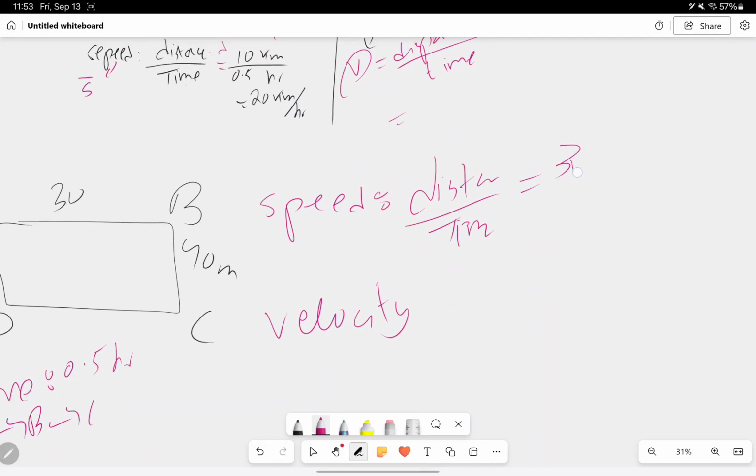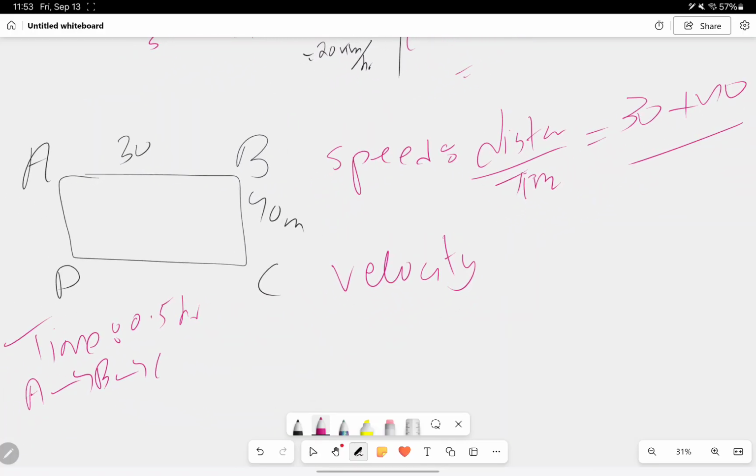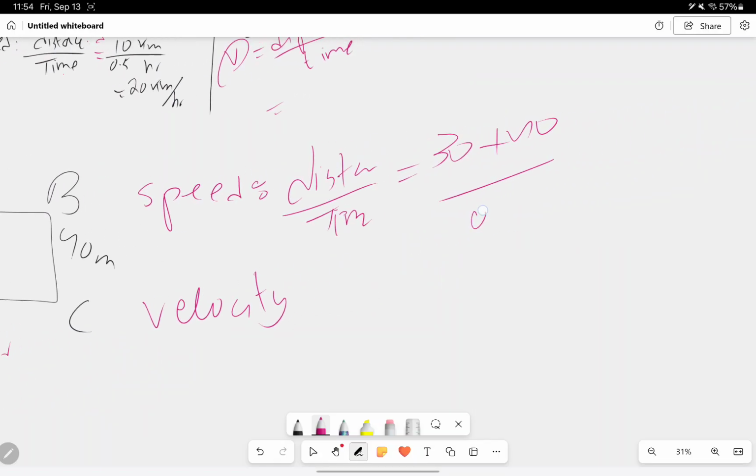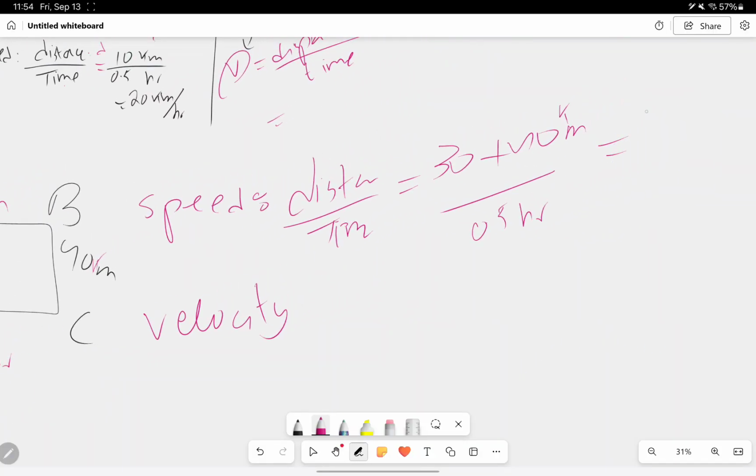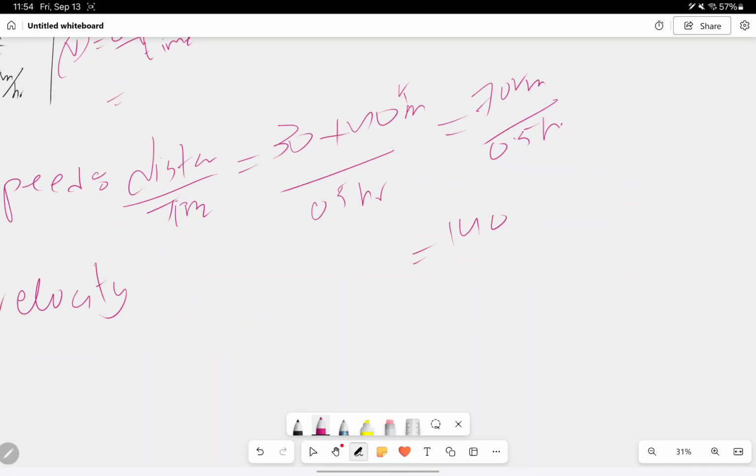So distance is going to be 30 plus 40 over 0.5 hour. Here is in meter, or let's make it in kilometer. Here is kilometer. I'll talk later about conversions. So 30 plus 40 is 70 kilometers divided by time taken, 0.5 hour. Using calculator, that is 140 kilometers per hour.